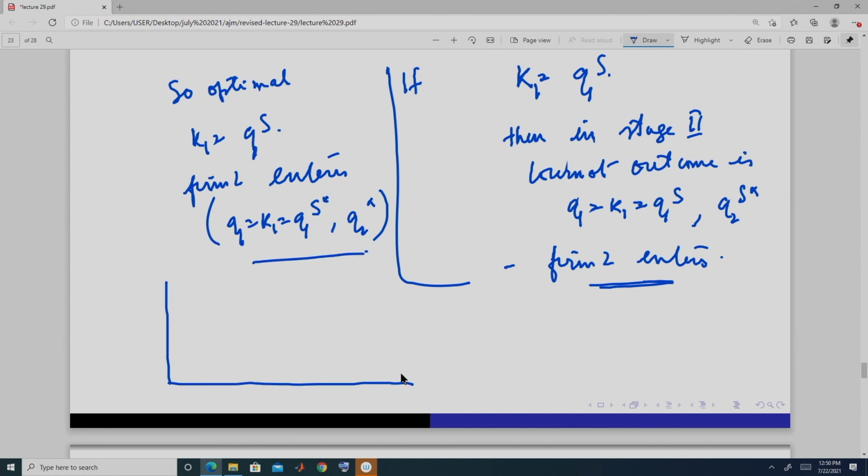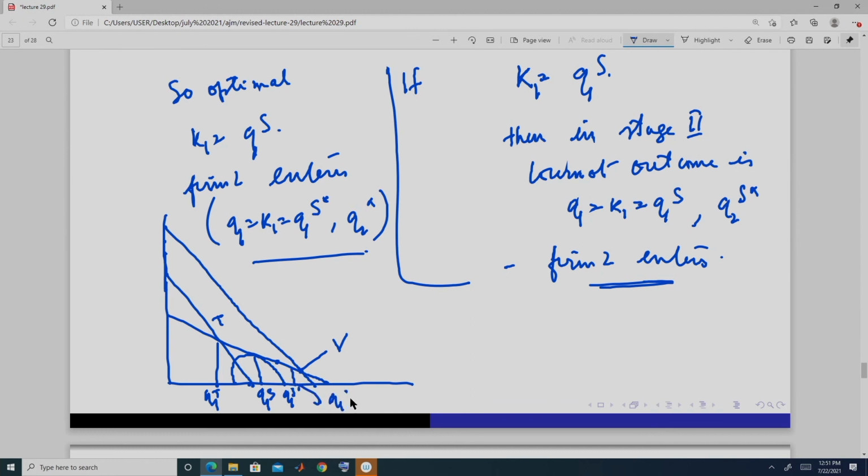And the reaction function of firm 1 is going to be this one, and this is going to be the outcome. Okay.